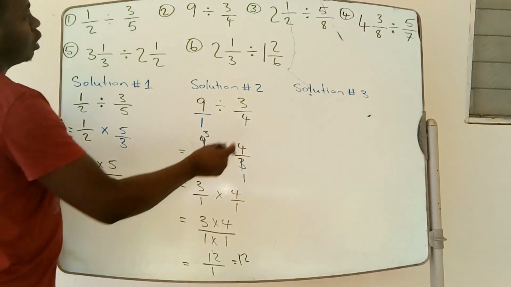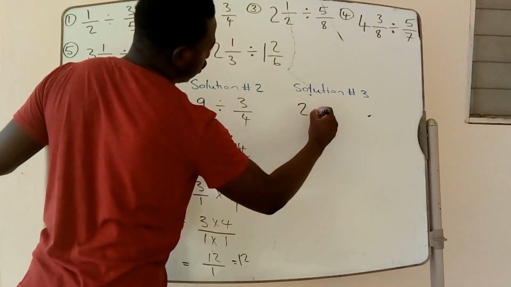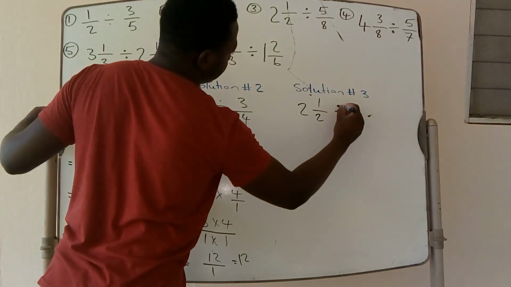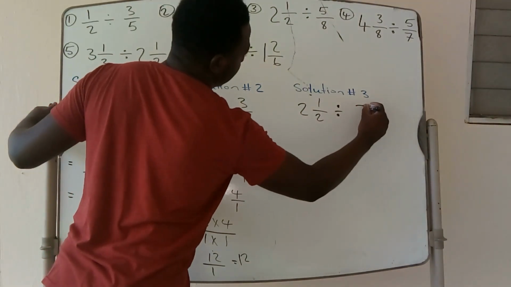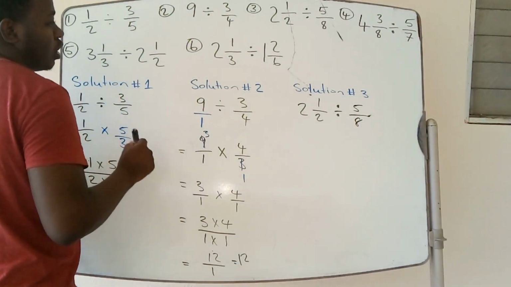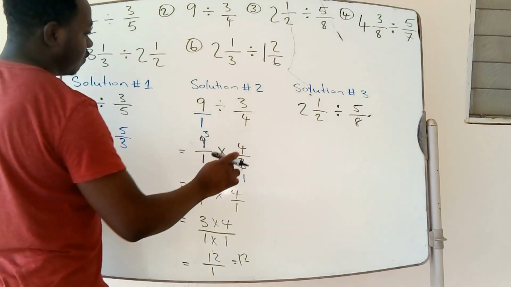Okay? To number 3, we have 2 and 1 over 2 divided by 5 over 8. We have a mixed number here. We need to convert the mixed number to an improper fraction first.